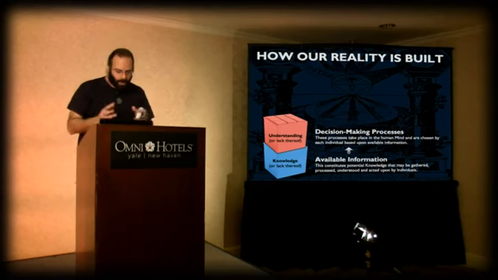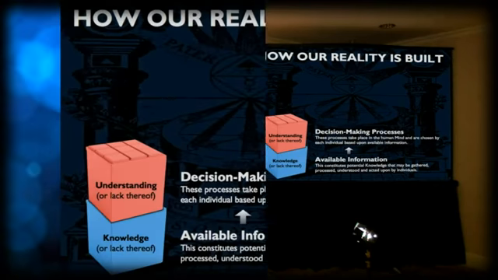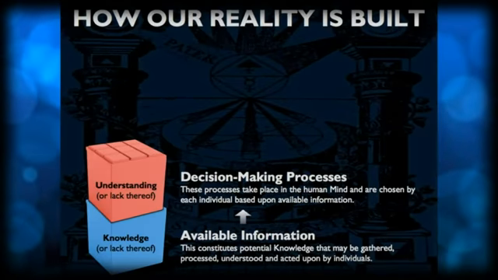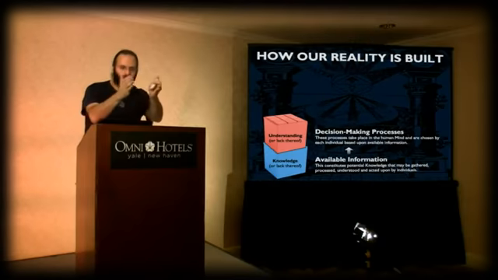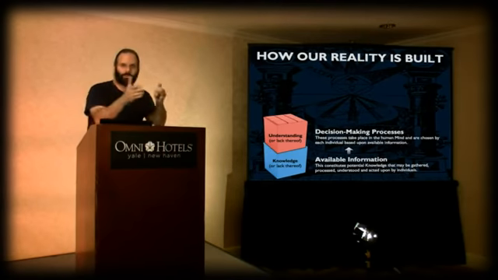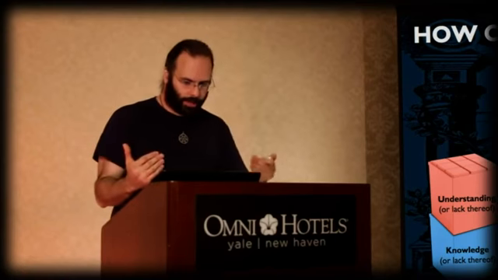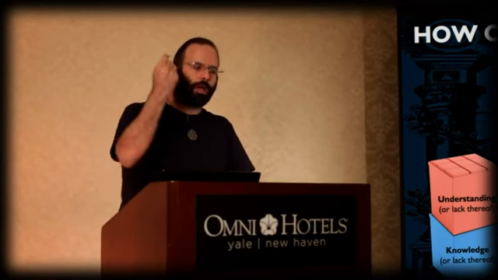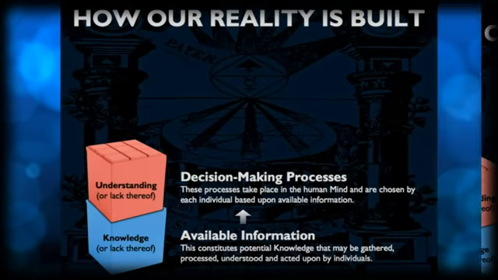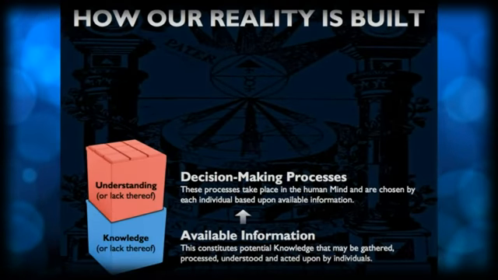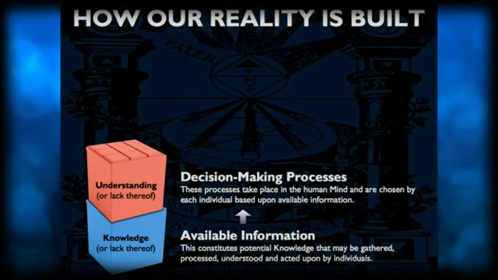If you have understanding present, your decision-making processes are going to be in harmony with what you say you want. You're going to understand, if here's what I want, this is what's necessary to make that happen, to manifest it. That's understanding. It's a decision-making process that happens within the mind. These processes take place in the human mind and are chosen by each individual based upon available information.